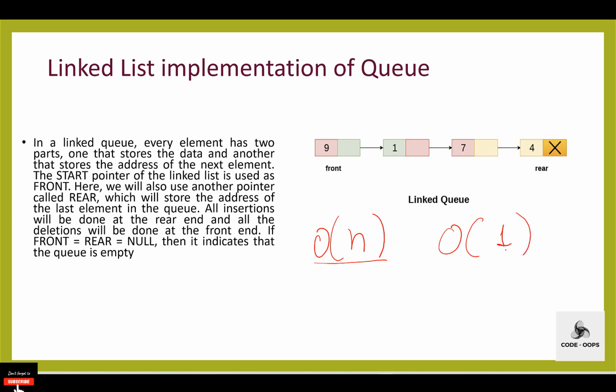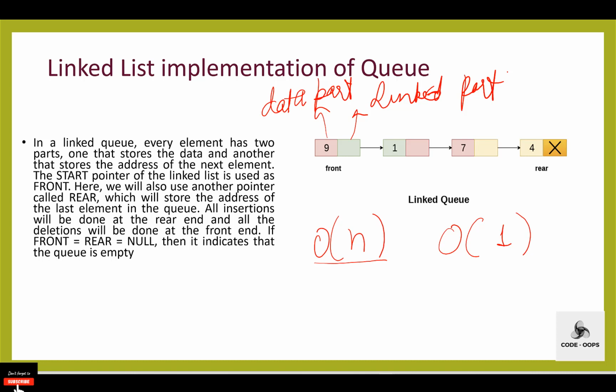In a linked queue, each node of a queue consists of two parts, that is data part and link part. Each element of a queue points to its immediate next element in the memory.